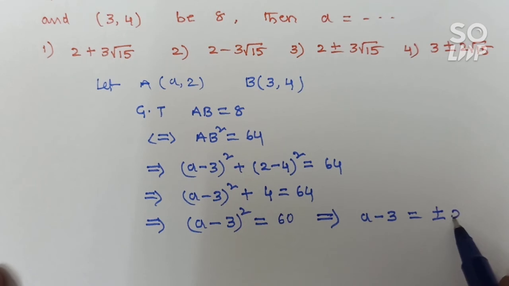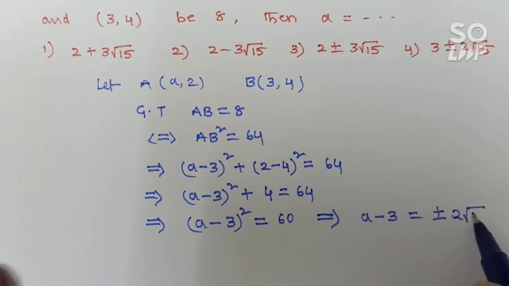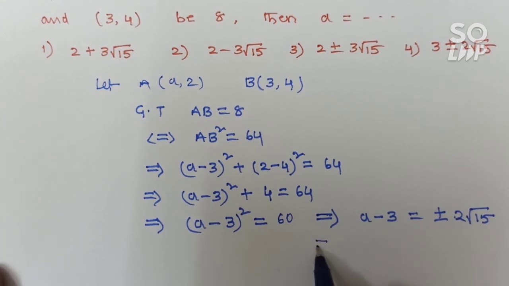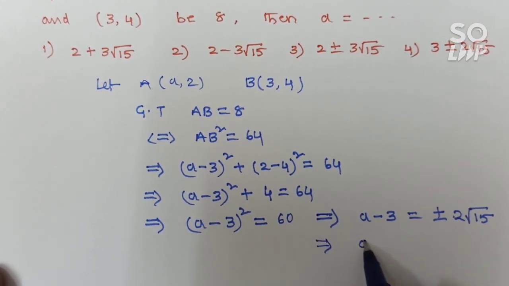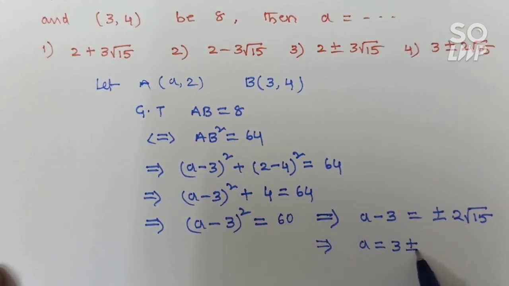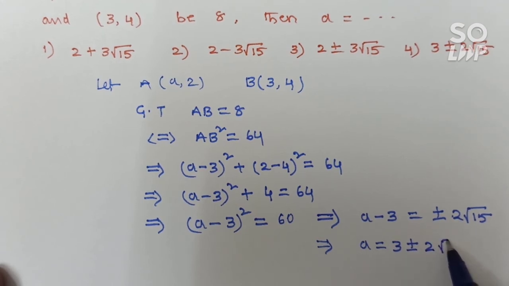Root 60 you can write as 2 into root 15. That implies a is equal to, taking minus 3 to the right side, 3 plus or minus 2 into root 15.